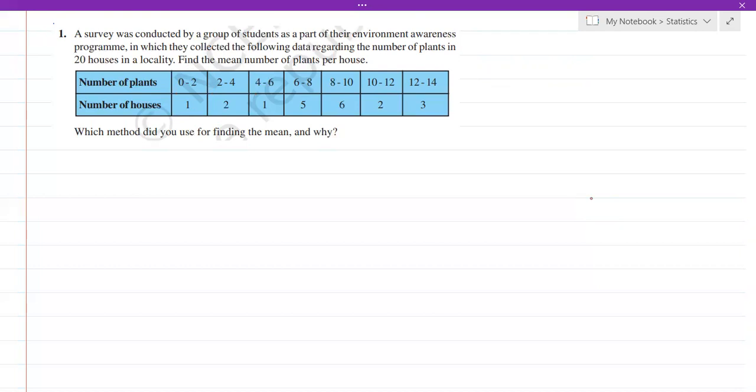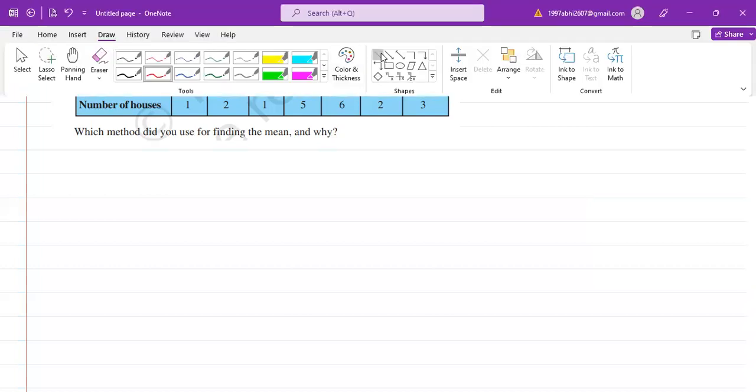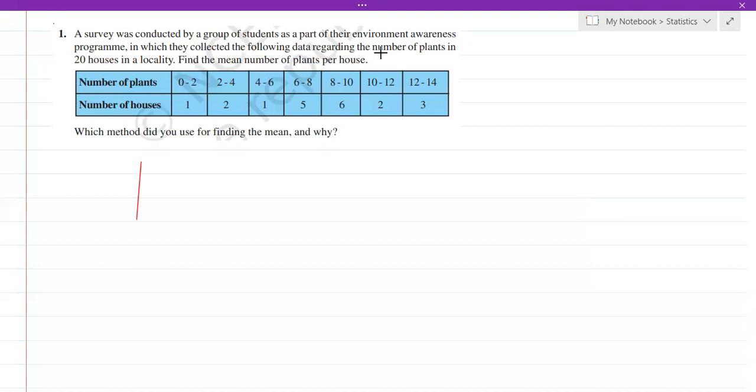Okay, so let's reconstruct the table. Let me draw it properly.